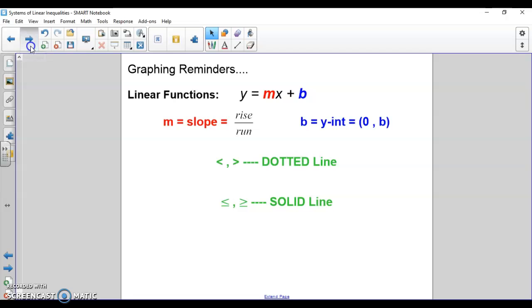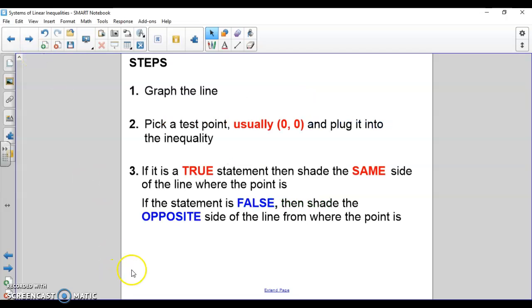So we go through steps. We're going to graph the line first. If you need to get y by itself, you need to get y by itself, but you graph the line first. We're going to pick a test point, and this is something we can typically do in our head, especially with Delta Math. We may just be forced to. You may jot yourself some notes down, but we pick a test point.